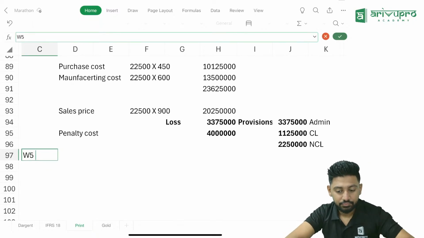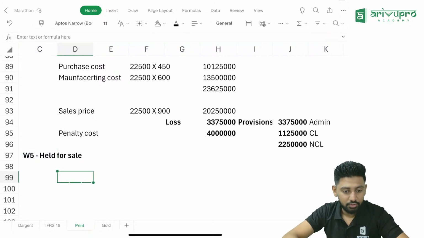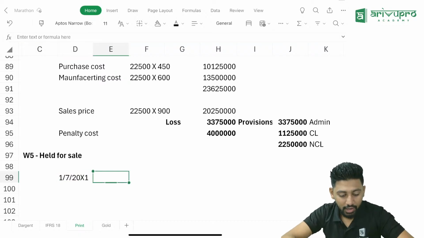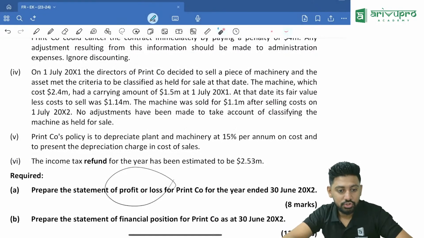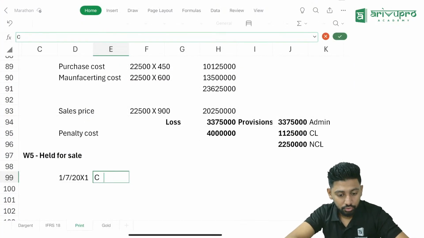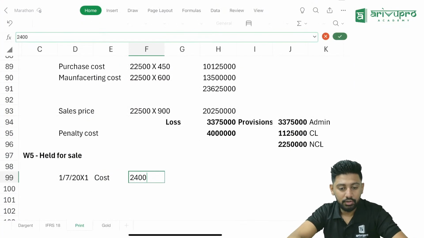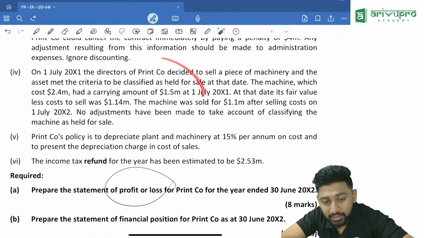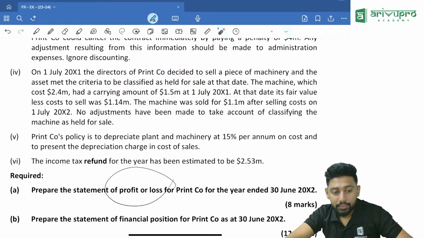Working number 5, asset held for sale. On 1st of July 2011, you have an asset which cost you 2.4 million, correct? Cost 2,400, done. It had a carrying amount of 1.5 million on that date.